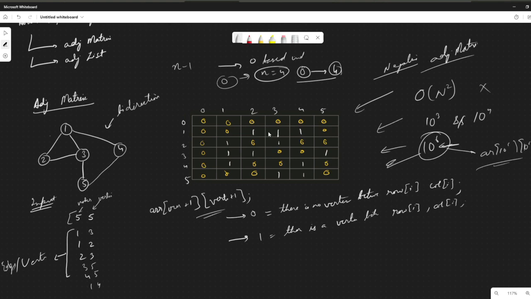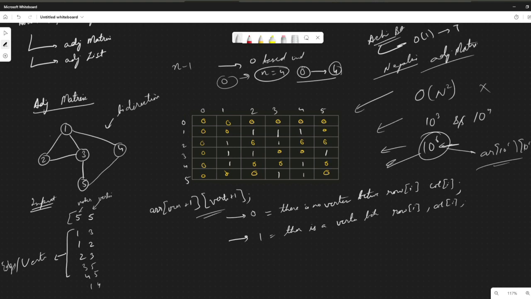So what is the good thing about this array? We can find whether an edge exists between two nodes in big O of 1.